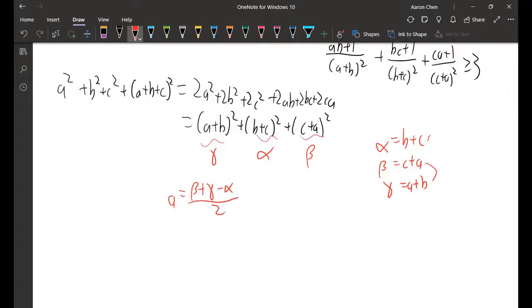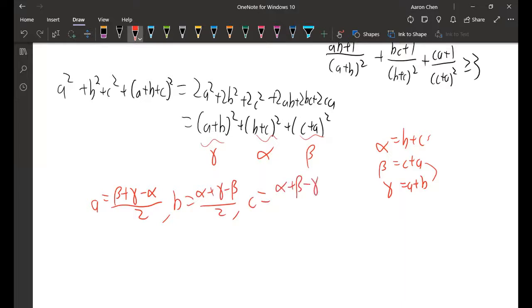And if we do this for b and c, then we see that b is equal to (alpha plus gamma minus beta) over 2, and c is equal to (alpha plus beta minus gamma) divided by 2. And so the usefulness of the substitution is that we can now directly write alpha squared plus beta squared plus gamma squared is at most 4.